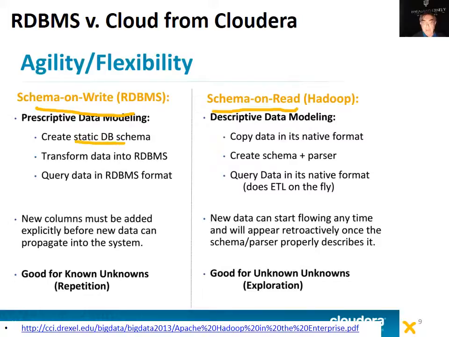So you have the static schema on one side. On the other, the data is native, with more dynamic schemas and dynamic parsing, and you query in native format. Here you query in the classic relational database format, and you have a rather structured fashion for adding new attributes with new columns.